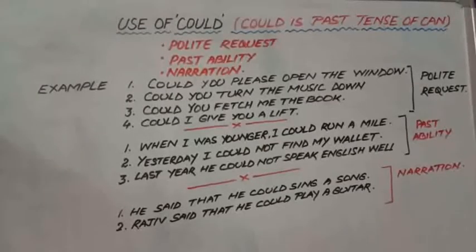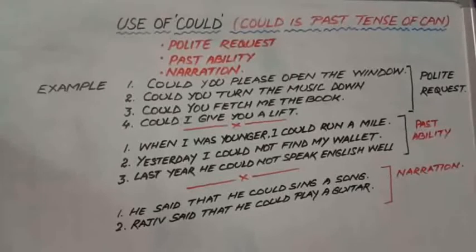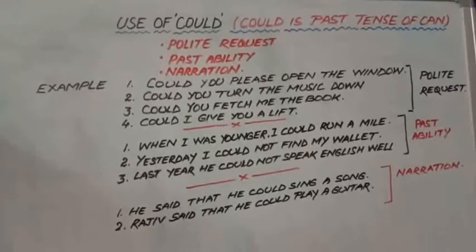In this video children, we will be discussing the use of could. And could is the past tense of can. Could is used in the three following cases, that is in case of polite request, ability in the past, or in the case of narration. Now on this board you can see that there are three groups of examples.